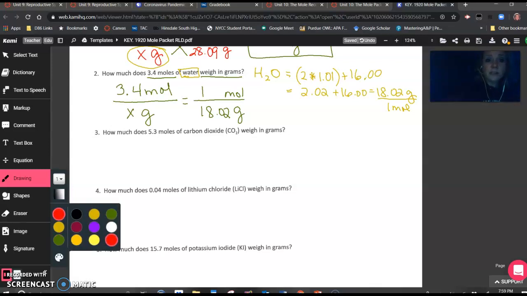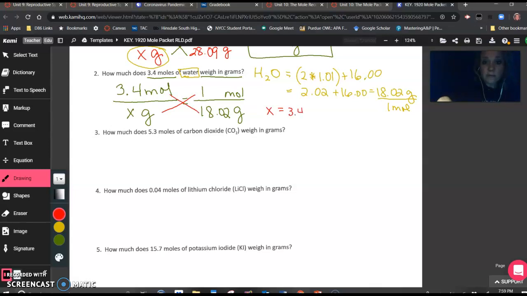Now I solve exactly the same way as I did in my problem above. I'm going to cross multiply and divide. So 1 times x is x, and that is going to equal 3.4 times 18.02.